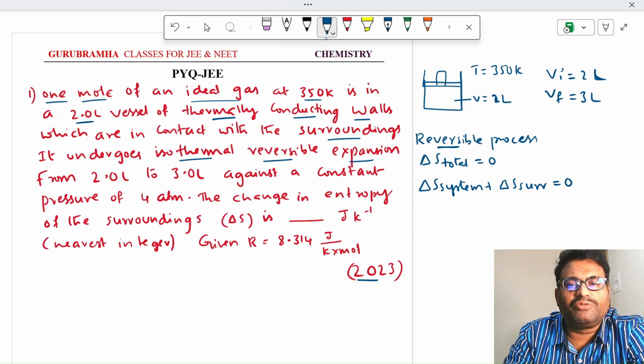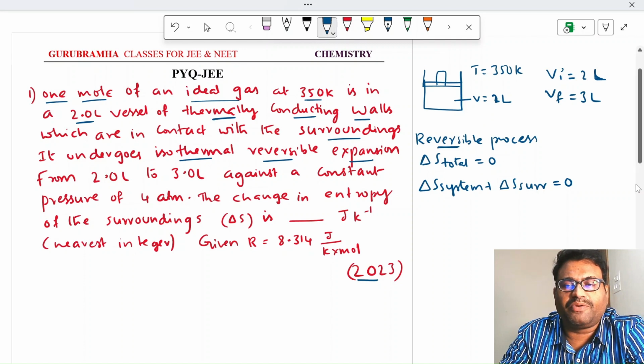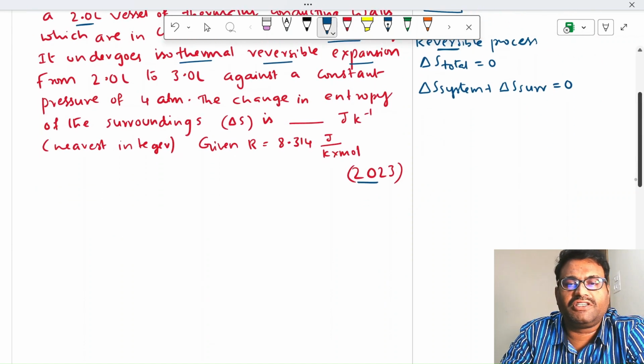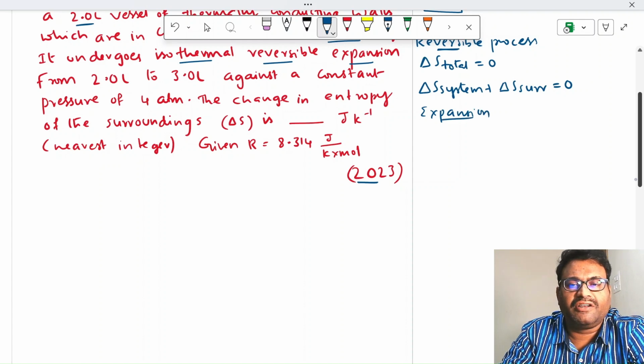When the molecules move randomly, their randomness increases, and when the randomness increases, entropy increases. As this is an expansion process, randomness increases.